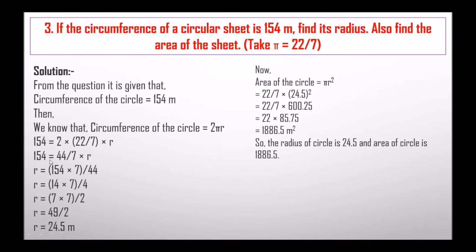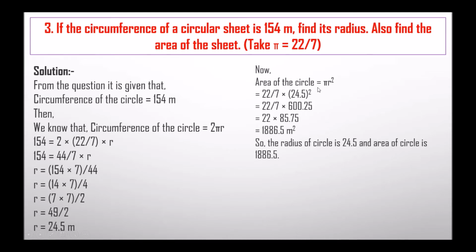So 154 equals to 44 upon 7 into r. So r equals to 154 into 7 upon 44. We can cut 44 and 154. So r equals to 14 into 7 upon 4. That is 7 into 7 upon 2. So 49 upon 2, that is r equals to 24.5 meter.